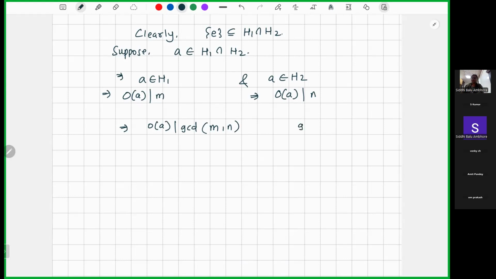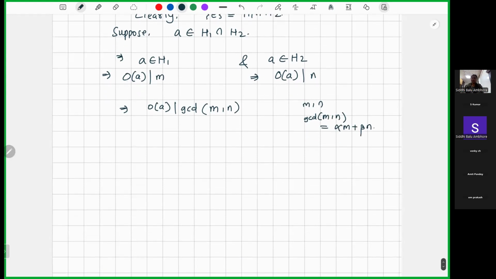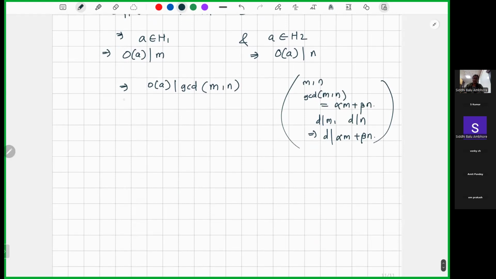This is because for any given M and N, the GCD of M comma N is some integer combination, alpha M plus beta N, of M and N. And if some D divides M and D divides N, then D will also divide alpha M plus beta N. This is a property of division of integers.